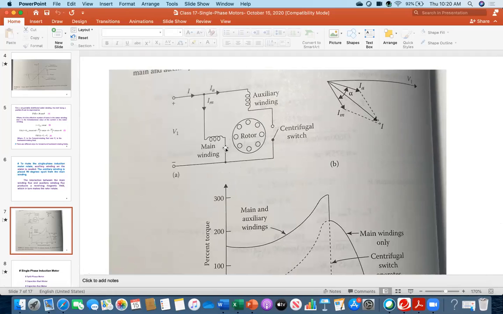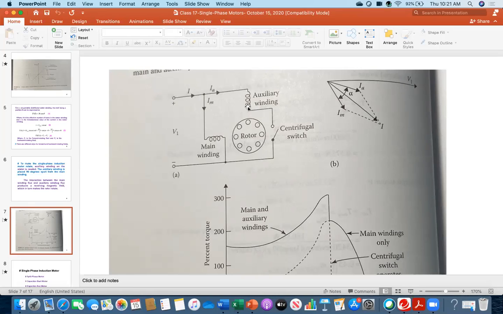Therefore, everybody see, as I said, this is the stator circuit, the outer side. It is just showing in terms of the circuit. This means that you are applying voltage, current is flowing, and then current is going to the main winding, and you see you have another auxiliary winding. So some current is going to the auxiliary winding only.